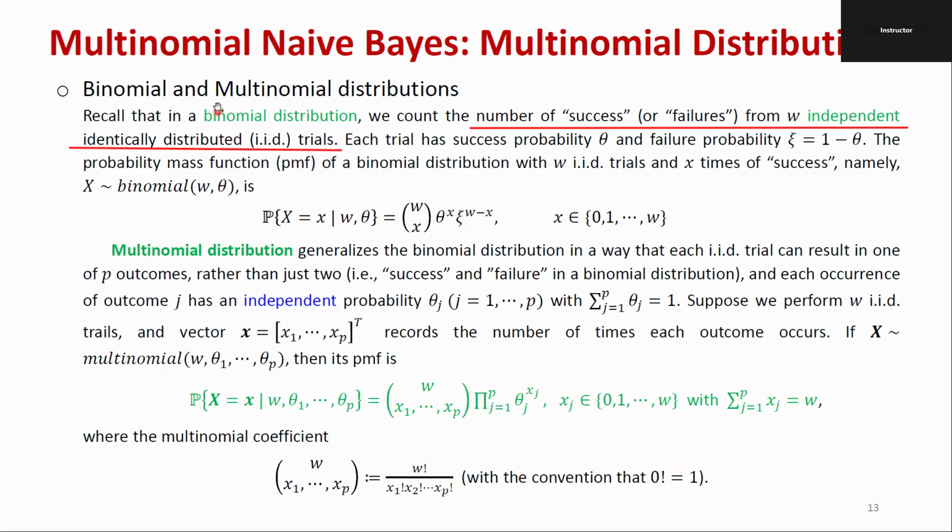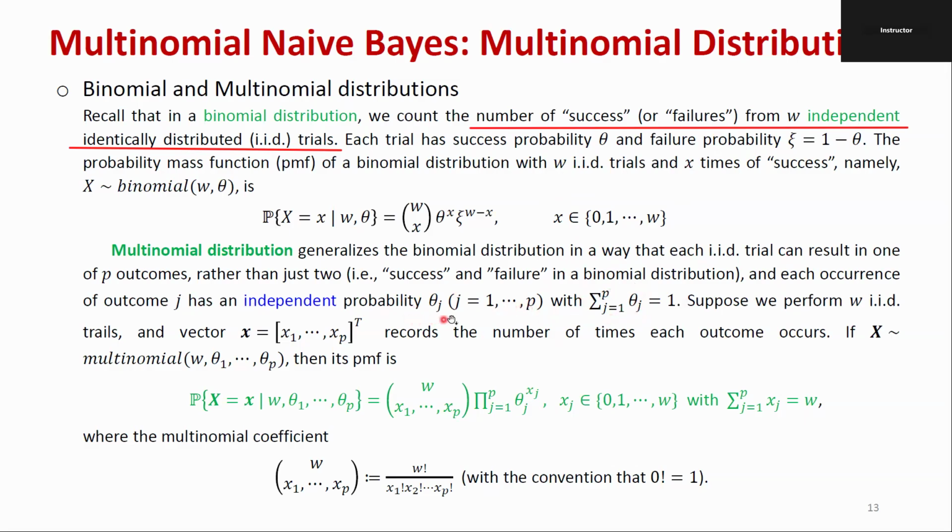Now I'm going to replace "bi" with "multi", meaning that instead of having only two outcomes, success and failure, I can have, let's say, p outcomes. For each outcome, the corresponding probability is going to be theta j. Here j is from 1 to p, indicating the p outcomes.